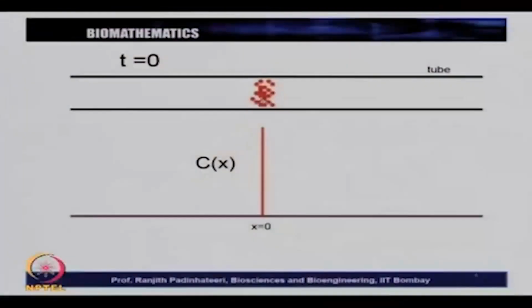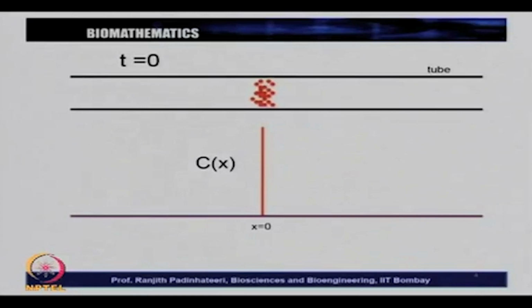We have a tube here and some protein molecules, and there is water in this. You can think of these as protein molecules or even ink molecules or any molecules, and we call this time equal to 0. Now, as the time goes, what will happen?